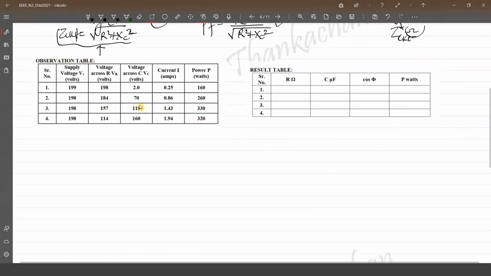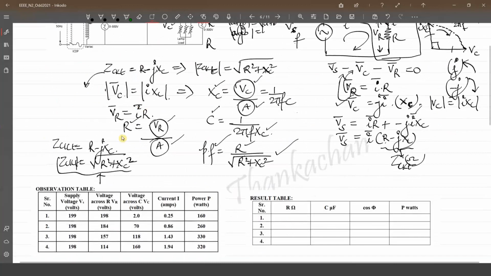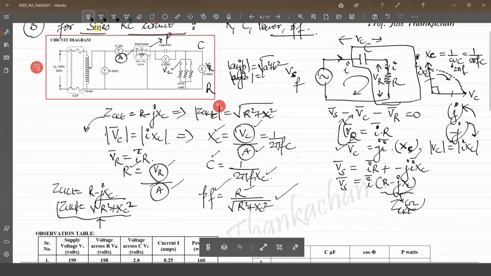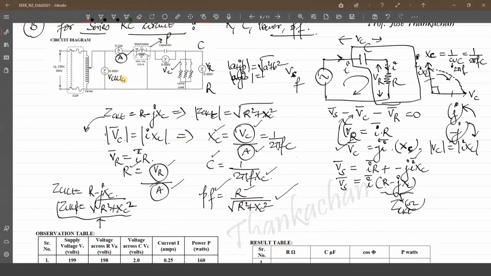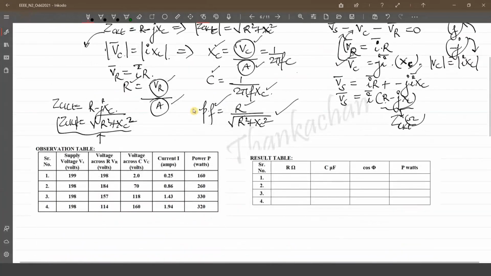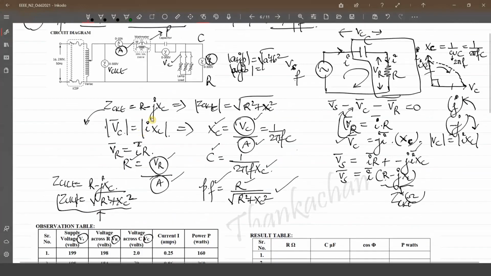Okay, so in the observation table, what are we measuring? You can see from our circuit, Vs. That means this voltmeter, you can call this V circuit. This we are measuring. Then VR we are measuring with this voltmeter. Then VC we are measuring. I told you, VC is the voltage across the capacitor.